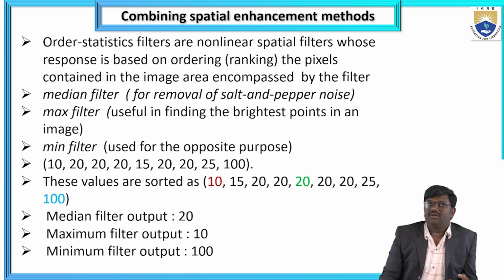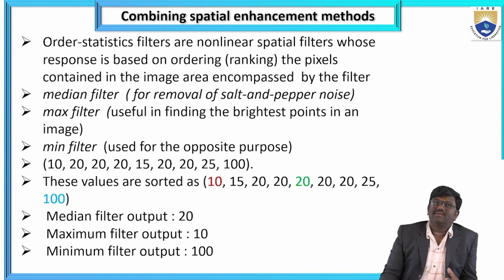So we extend the combining spatial enhancement method to order-statistics filters, or nonlinear spatial filters, whose response is based on ordering the pixels contained in the image area encompassed by the filter: the median filter, max filter, and min filter.